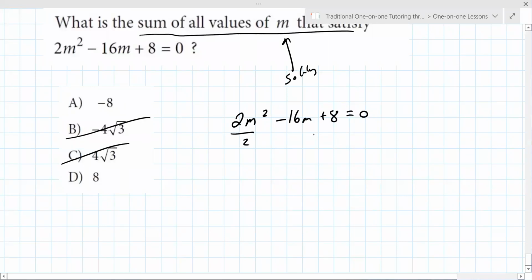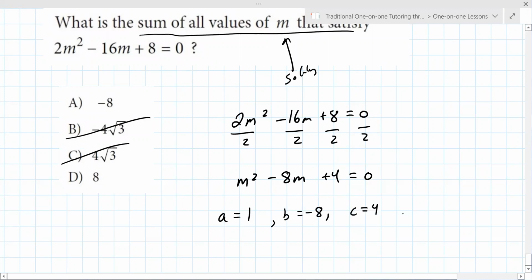Let's divide everything by 2. So that's m squared minus 8m plus 4 equals 0. And we want to use the quadratic formula here. So a equals 1, b equals minus 8, and c equals 4.